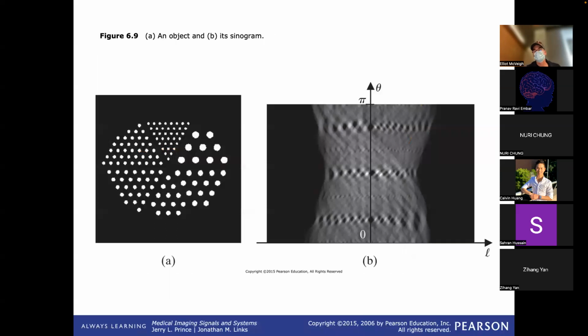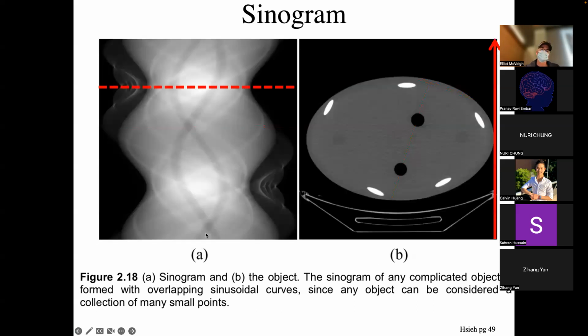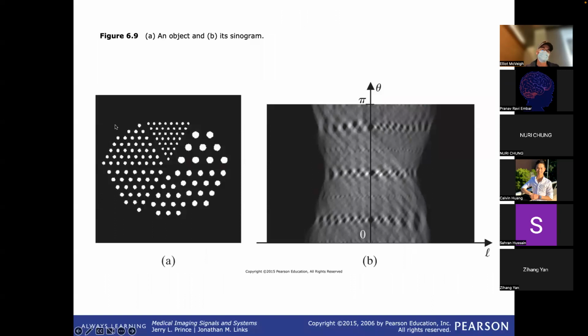Okay, this sinogram is particularly nice in that there are very few features here and they're separated quite easily, right? And so you can see, oh, this is one of those air holes and this is a bone thing. If I have a more complex object like this, then the sinogram starts to get fairly complex because so many things are overlapping and those integrals become kind of complicated, right?